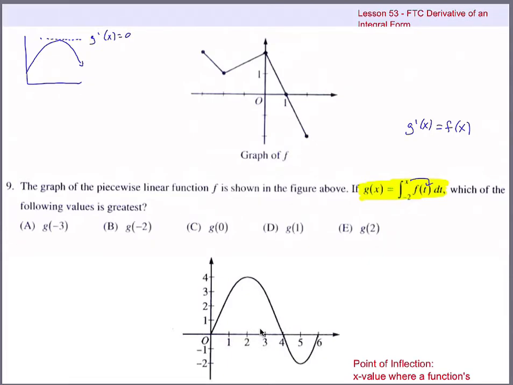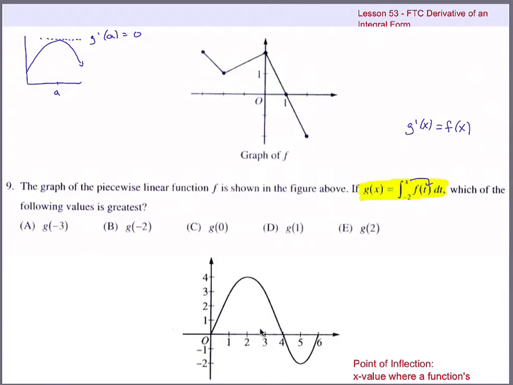So if we can identify the place where g prime is 0 and g prime is going from being positive to negative, I shouldn't say g prime of x, by the way, I should say g prime of a, because it's some constant.